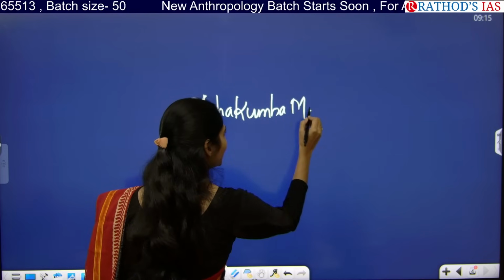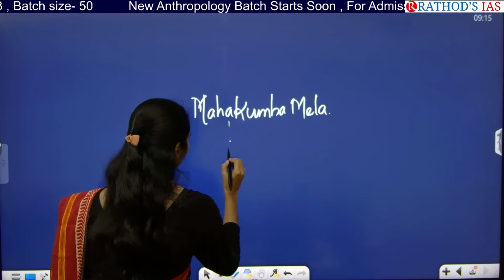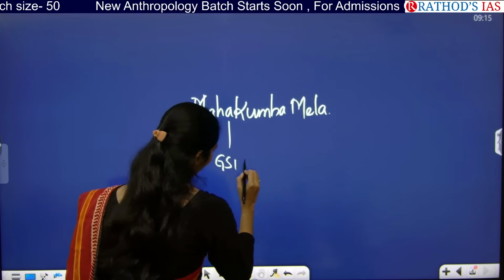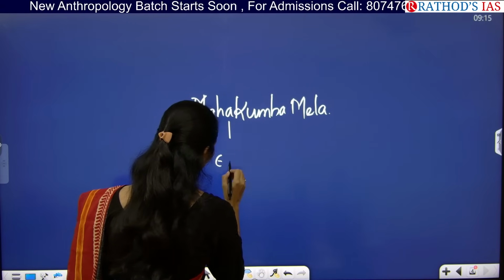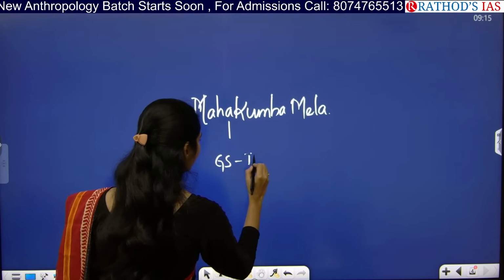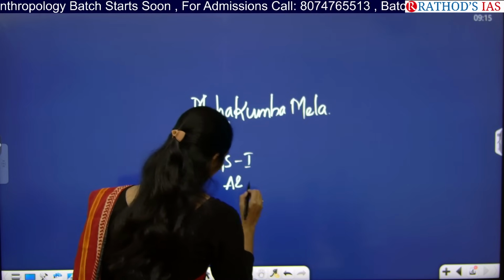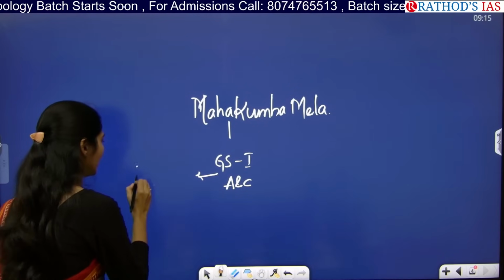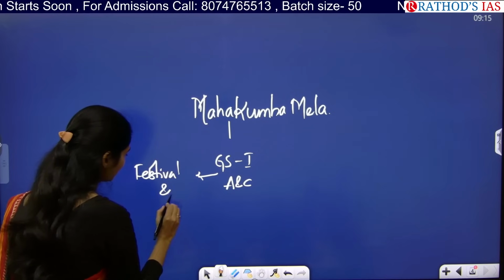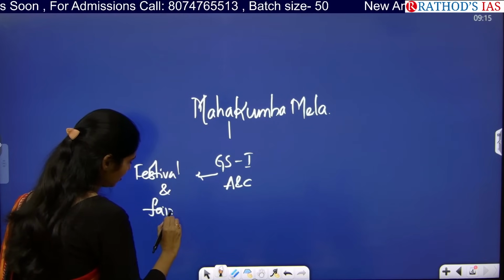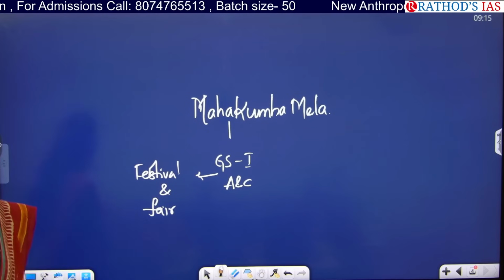In which subject will you read about this, guys? GS paper 1, art and culture, which comes under festivals and fairs. In art and culture, you will study about melas under this topic called festivals and fairs. Apart from this, from any subject?